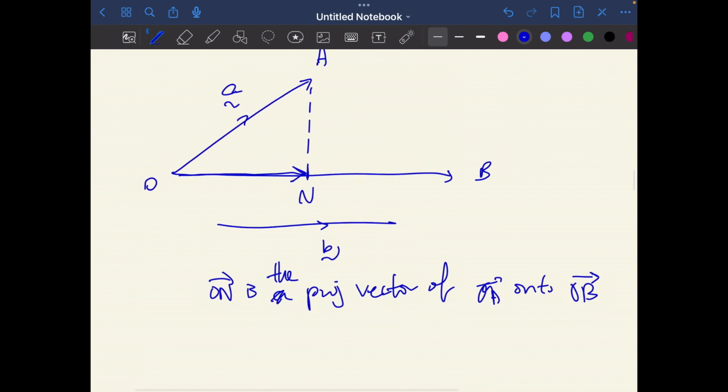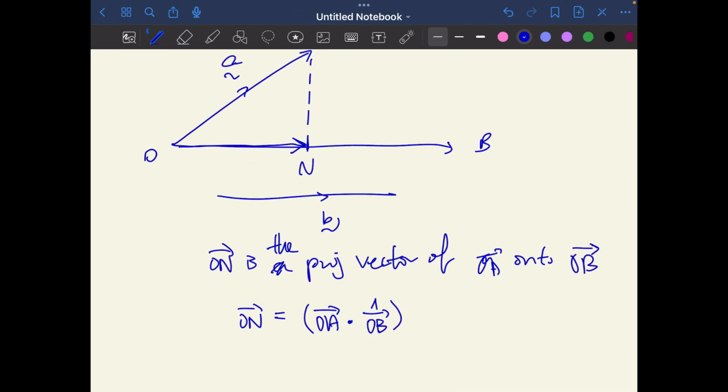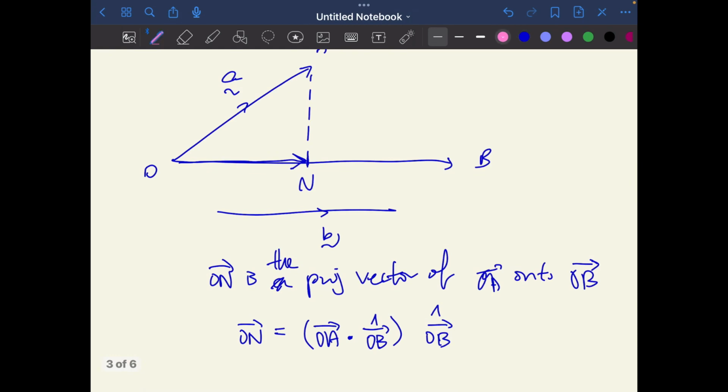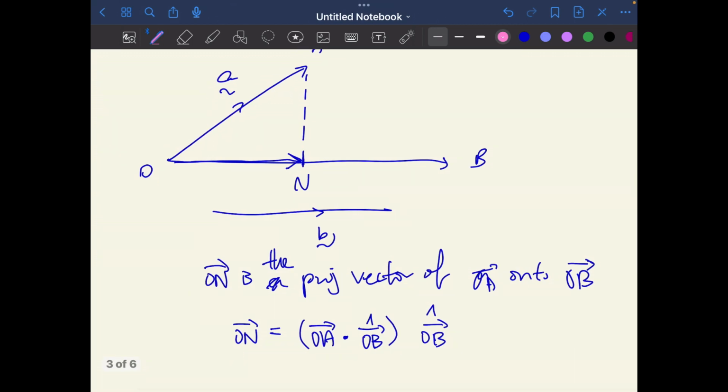And then you can use the formula ON equals OA dot unit vector of OB times unit vector of OB. How this works actually depends on the order that your vector comes in.